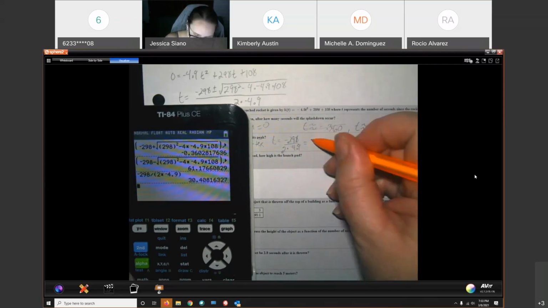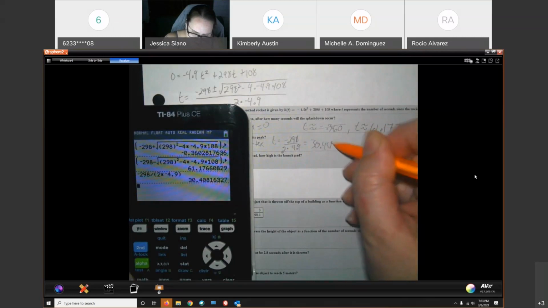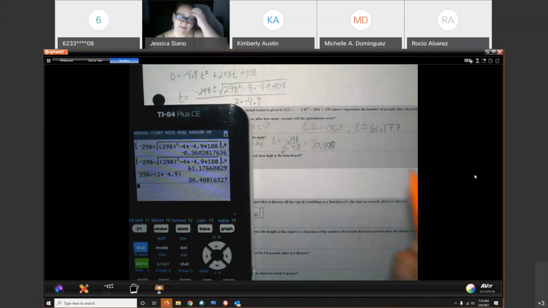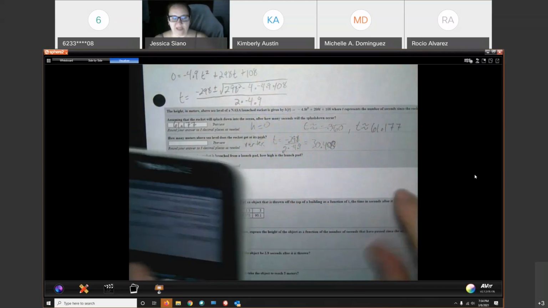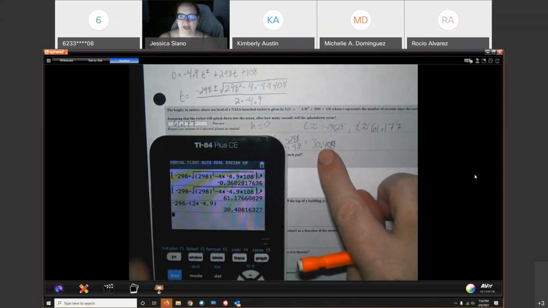So now that is the time at which it reached its vertex or its peak. And so to figure out the height at its peak, we would need to take this and plug it in.